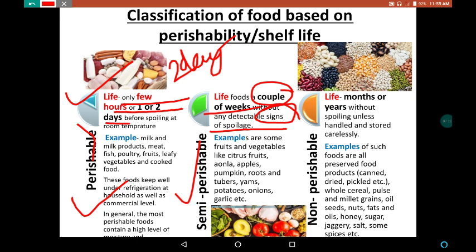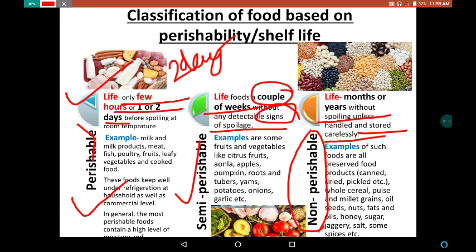Another is non-perishable food items. As its name indicates, its life is months or years without spoiling unless handled and stored carelessly. If you handle it properly, then you can store it for a long time, months or years.